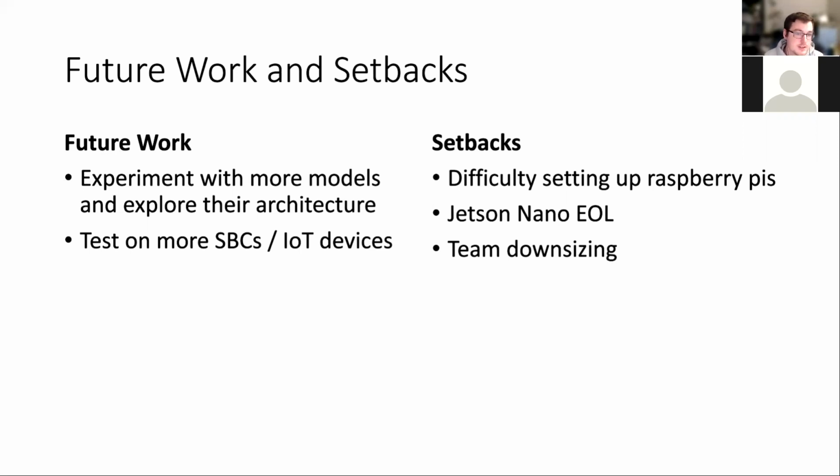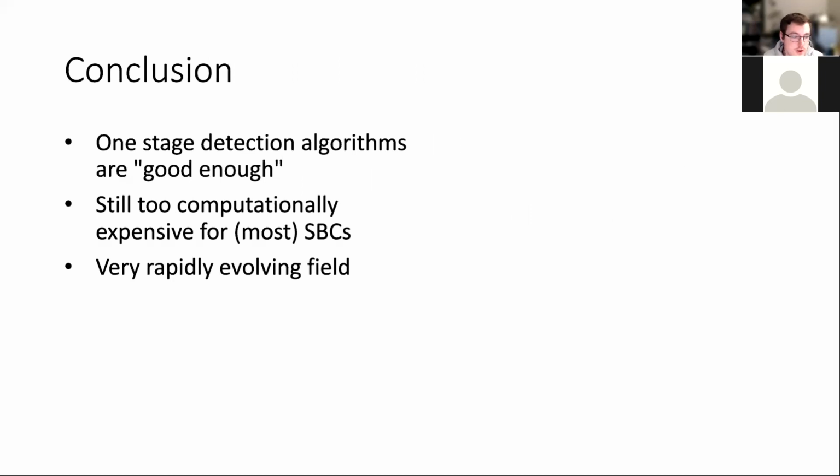On the last slide, for our conclusion, we've discovered that one-stage detection algorithms are at the state where they're good enough. They definitely have applications where they could be really beneficial, specifically with just detecting things in general, but they aren't performant enough, in my opinion, to be preferred for a robotic scenario, unless you have something more computationally powerful than most single board computers.